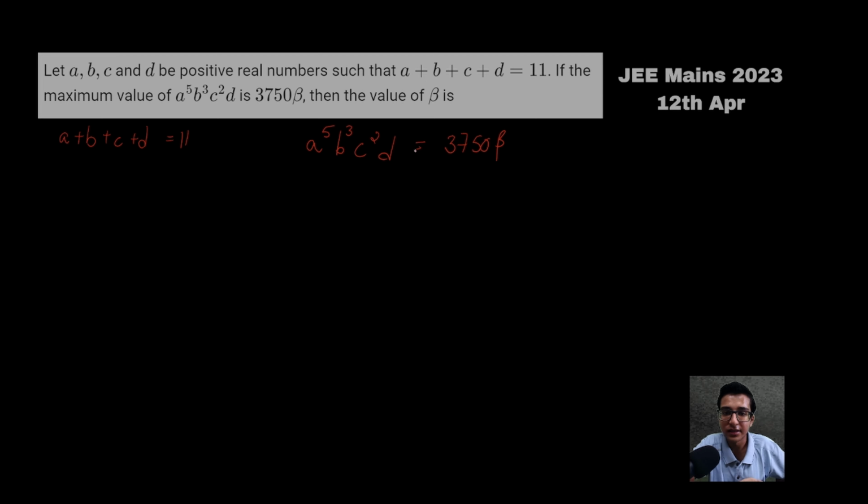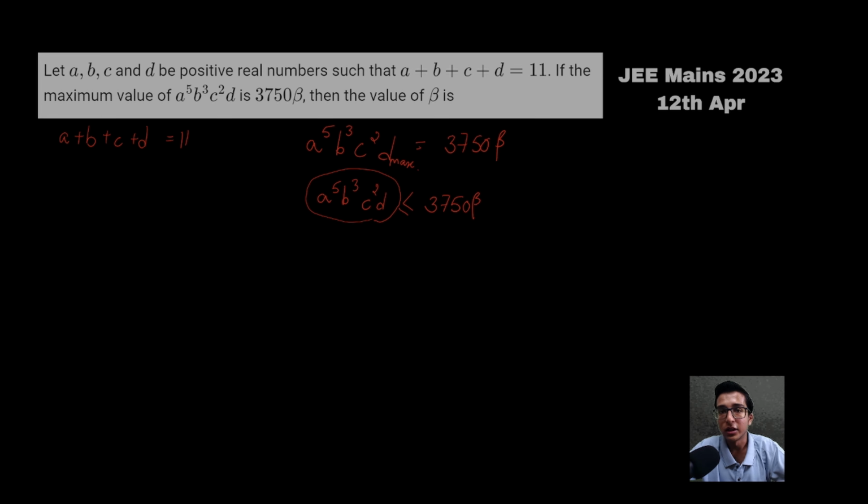So since this is the maximum value, we can say that a to the power 5 b cube c square into d would be less than equal to 3750 beta. Of course, since this is the maximum value, that means the value of this would definitely be either this or less than this. So we can write this one.